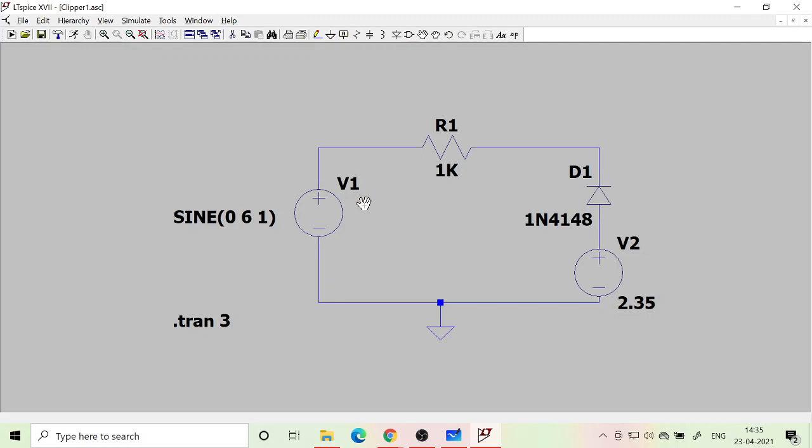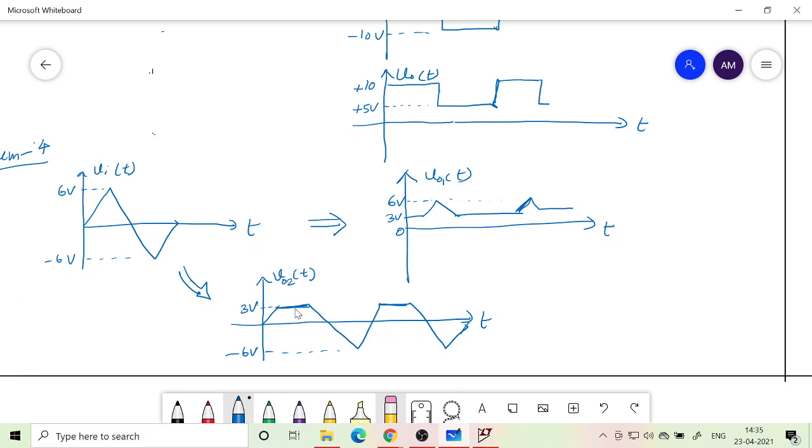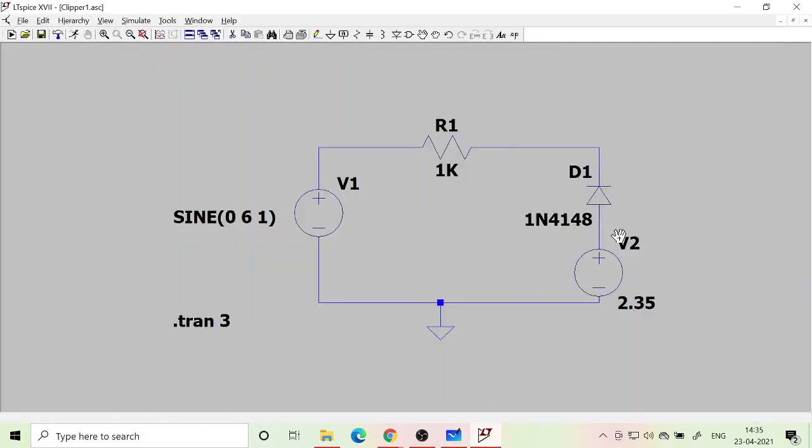Will this battery voltage do that or not? If you look at the picture, this is the forward bias. You are getting 3 volt, and 3 volt is because there is a forward bias drop of cut-in voltage 0.65, and added to that there is 2.35, so that will give you 3 volt.